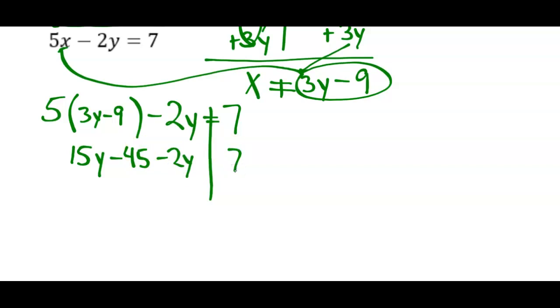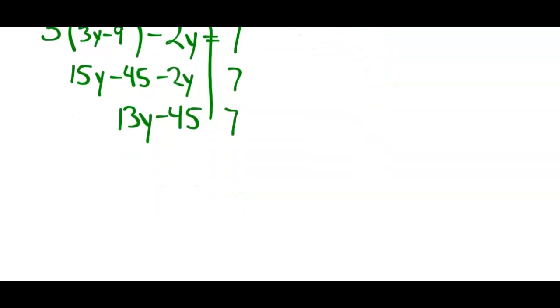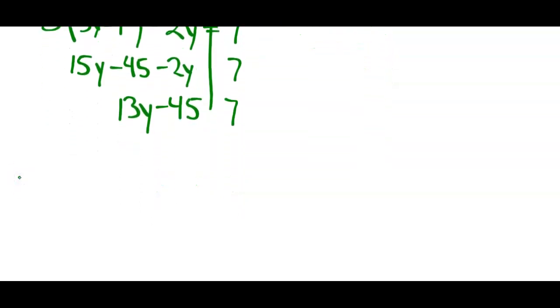Okay? So now I've got like terms on this side. I need to combine those. 15y plus negative 2y gives me 13y. Bring down my minus 45. Still equal to 7. Now what do I have to do? Yep, I have to move my 45. I'm going to do that by adding a positive 45, right?